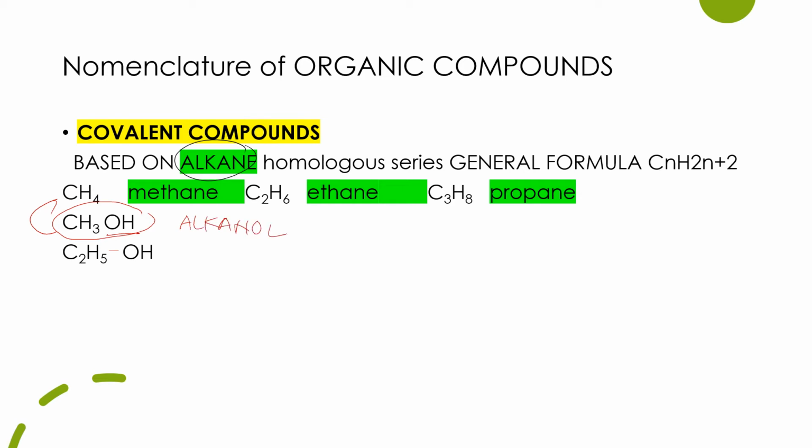The alkane CH4 name is methane, so the alkanol CH3OH is methanol. C2H6 is ethane, so C2H5OH is ethanol.